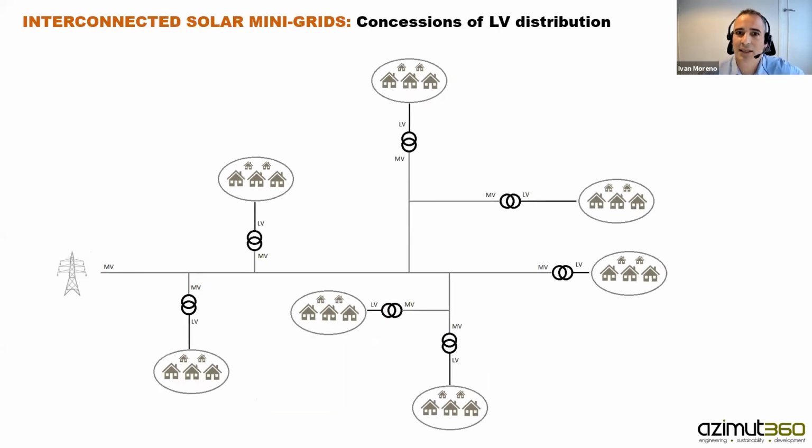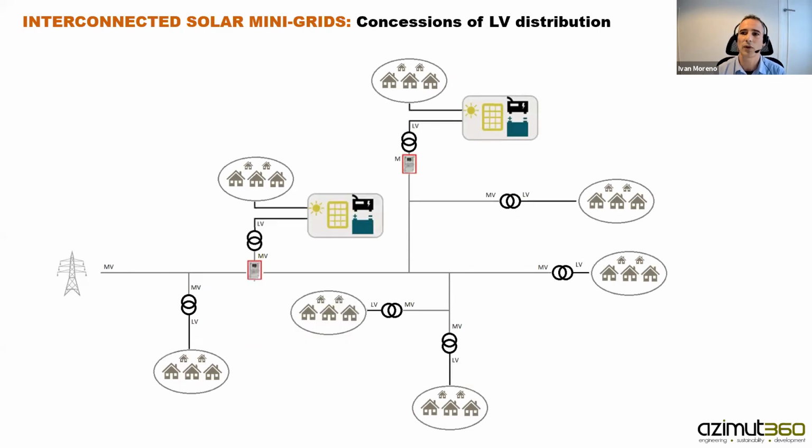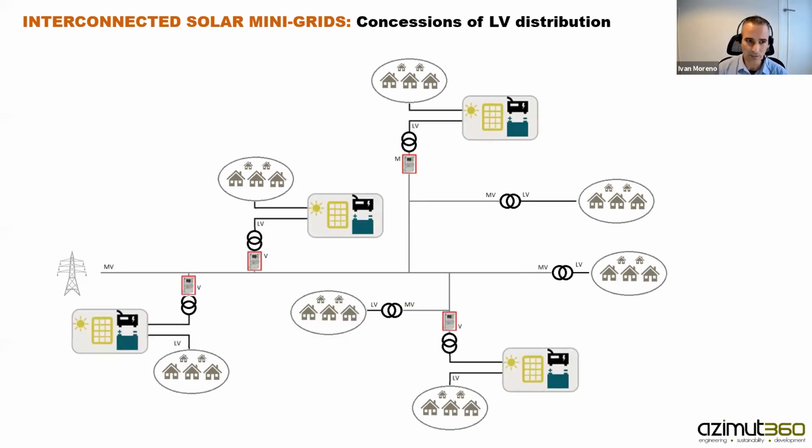So in the next slide, here we have another example. This is called interconnected solar mini grids, where we have a concession of low voltage distribution. As shown here, there is a utility grid again. We already have some grid extension scheme with several villages, again interconnected as seen in the classical approach.